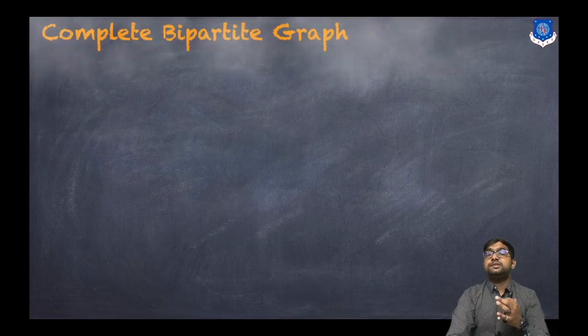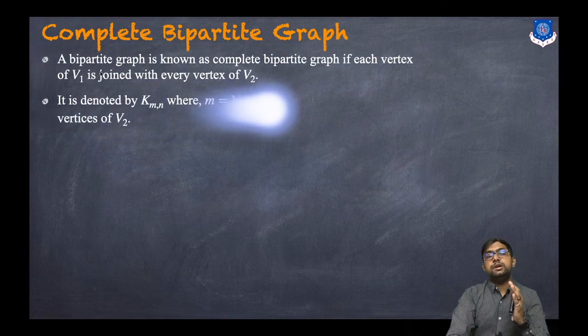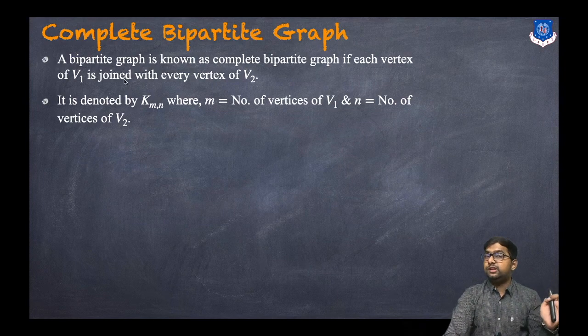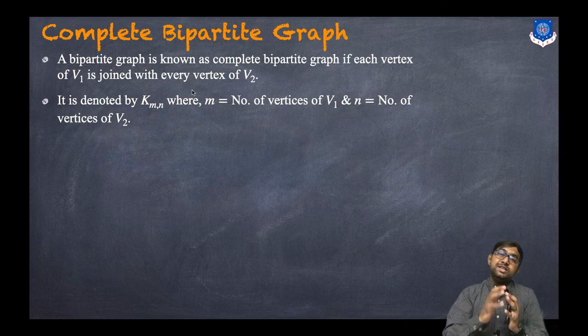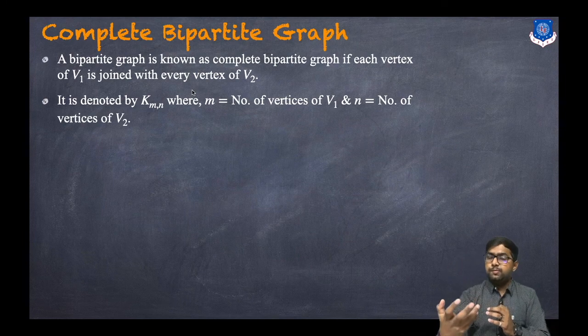Now let us discuss what a complete bipartite graph is. First, it has to be a bipartite graph. Now if each vertex of V1 is joined with every vertex of V2, which was not the case in the previous example, where one vertex was left, then it is a complete bipartite graph.